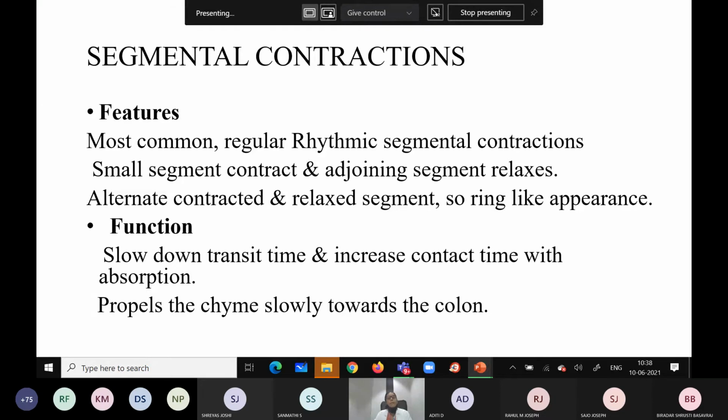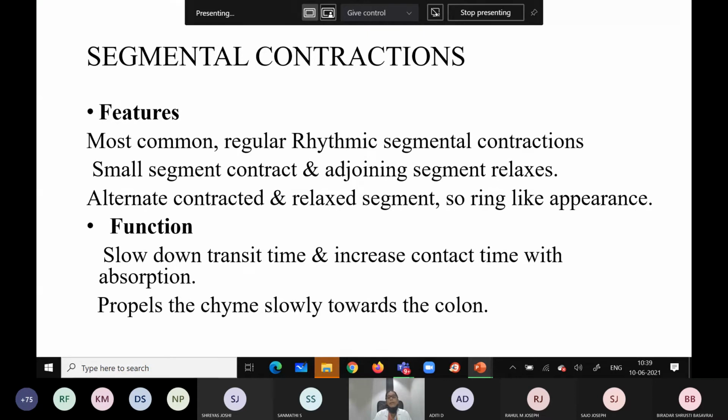Okay, what are segmental contractions? These are the most common type of small intestinal contractions, regular rhythmic segmental contractions. So here they are regular and rhythmic. A small segment contracts and the adjoining segment will relax. So here what happens, a small segment of the small intestine will contract and the adjoining, the beside segment will relax.